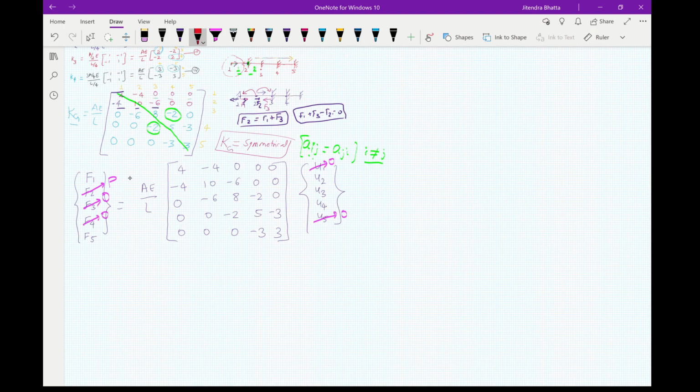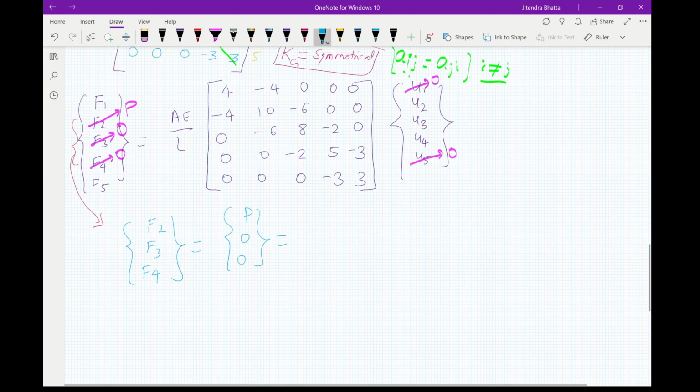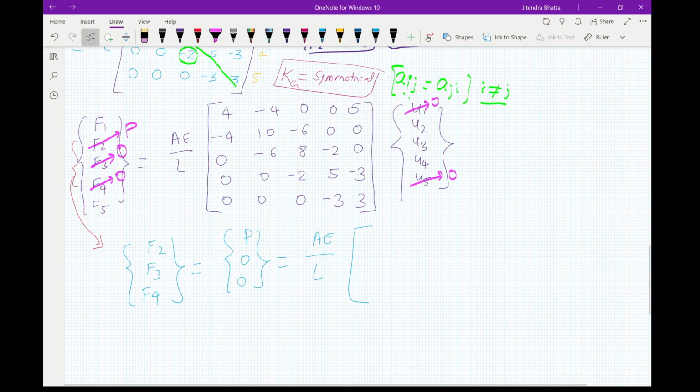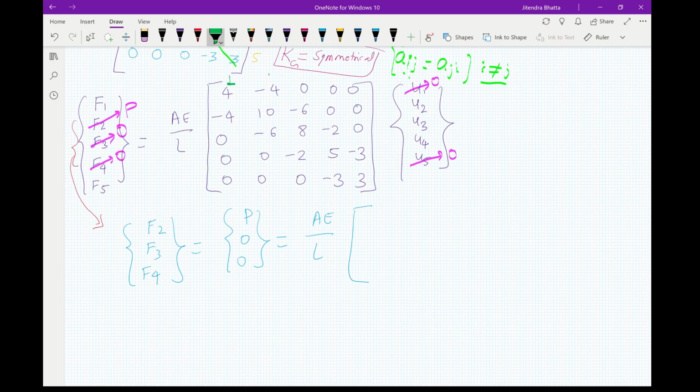Now since we know the left hand side values of F2, F3, and F4, what we do is separate this out because these are known. So what you write here should be equal to AE by L. Now here we are looking into degrees of freedom 2, 3, and 4. This is 1, 2, 3, 4, 5, 1, 2, 3, 4, 5.